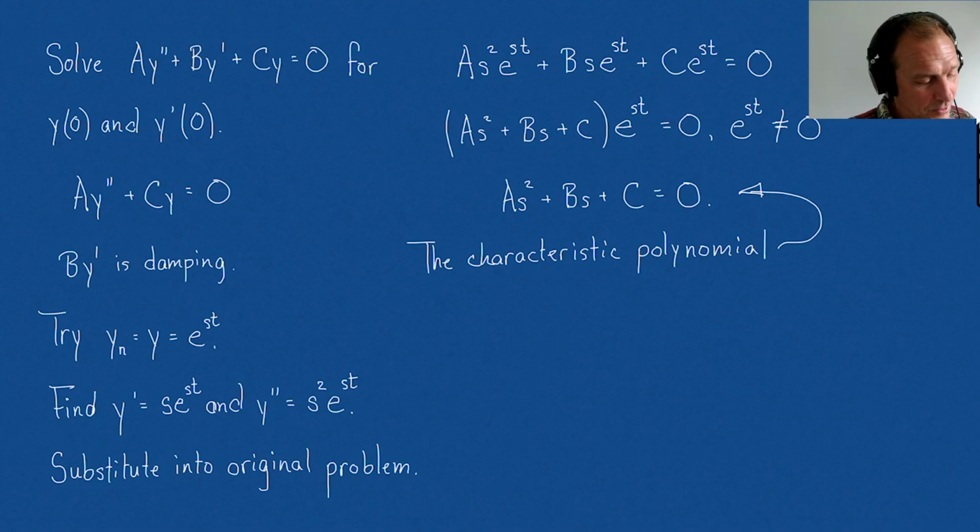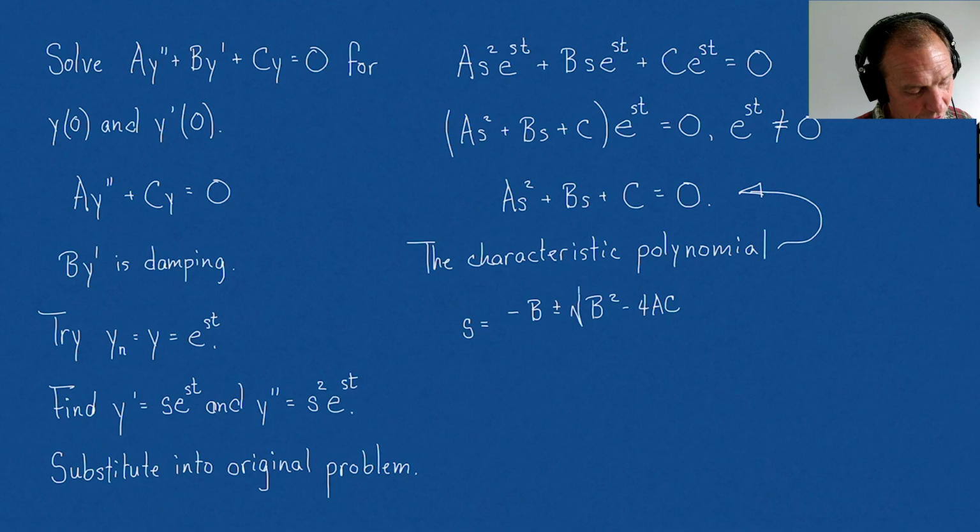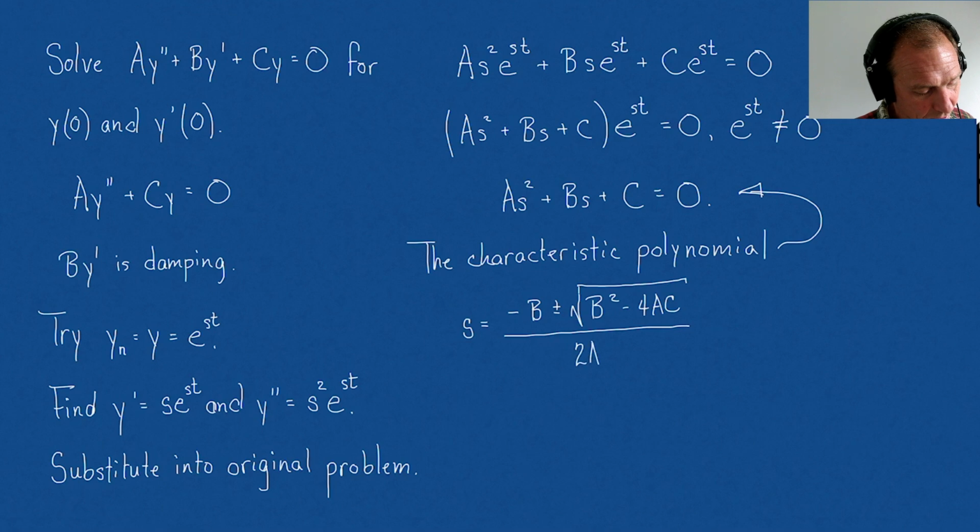s is our variable, so really this gives us the solution of s equals negative b plus or minus the square root of b squared minus 4ac, and we take the square root of those second two terms, divide all of that by 2 times a. That's our solution.